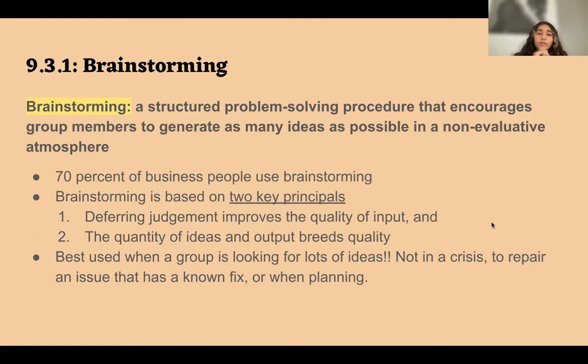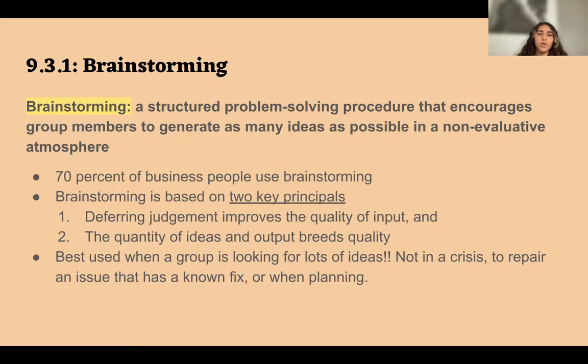So for brainstorming, brainstorming is a structured problem-solving procedure that encourages group members to generate as many ideas as possible in a non-evaluative atmosphere. So about 70% of business people use brainstorming, which is based on 2 key principles. 1, that deferring judgment improves quality of input, and 2, that the quantity of ideas and output breeds quality.